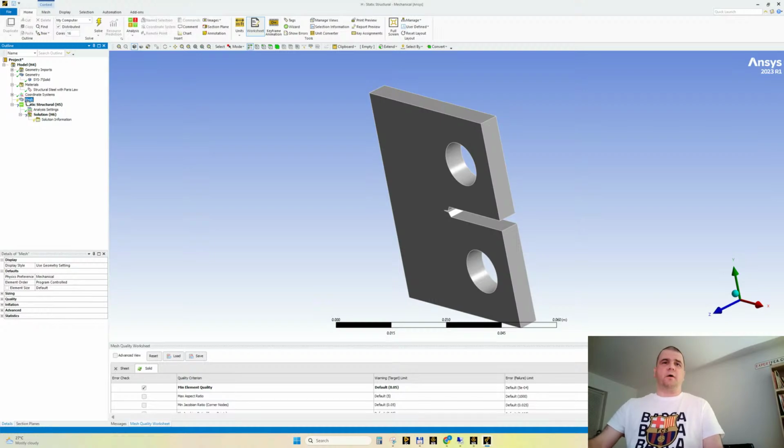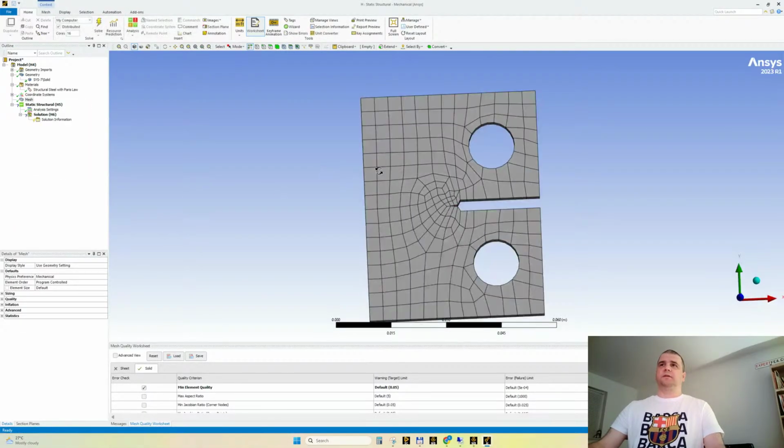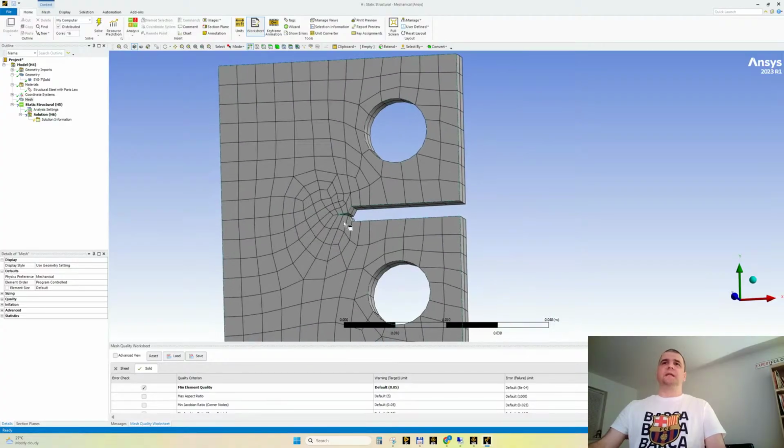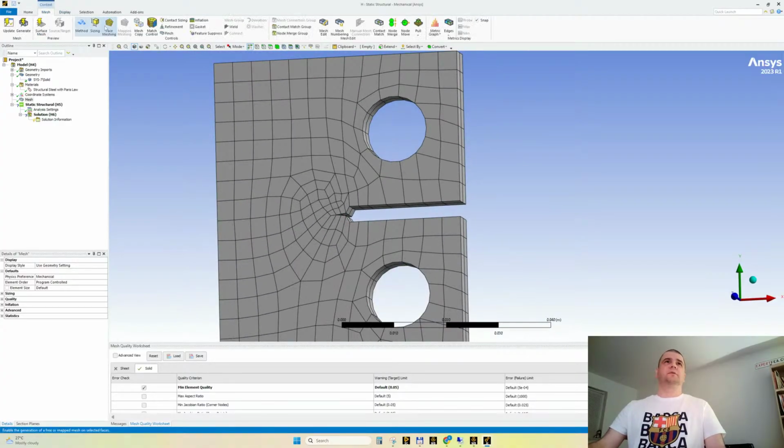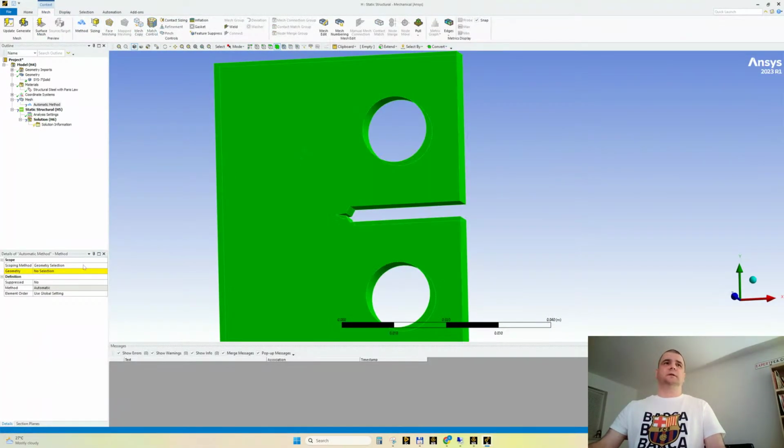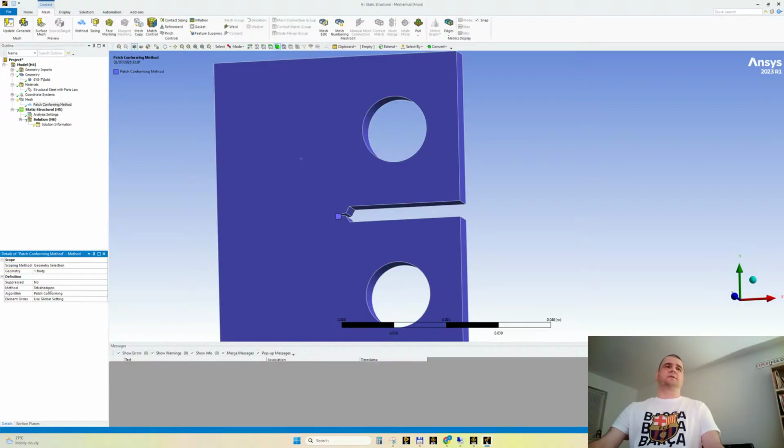All right, now, be focused and pay attention. The first thing, it is preferable to do the EFA with tetrahedrons. So, change the method to tetrahedrons.